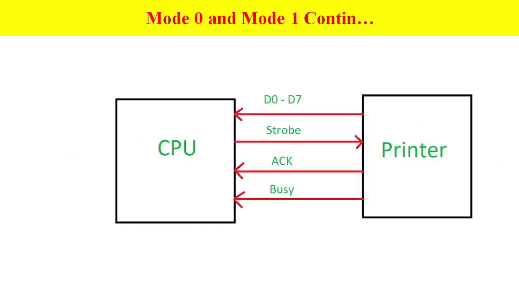So this printer will send data from D0 to D7. So first the printer will ask the CPU, the CPU will provide the acknowledgement, then only data will transfer from CPU to printer.